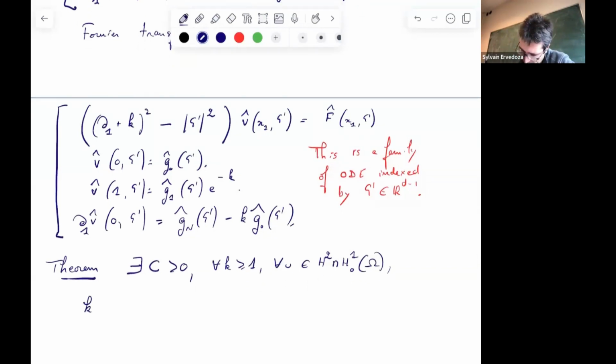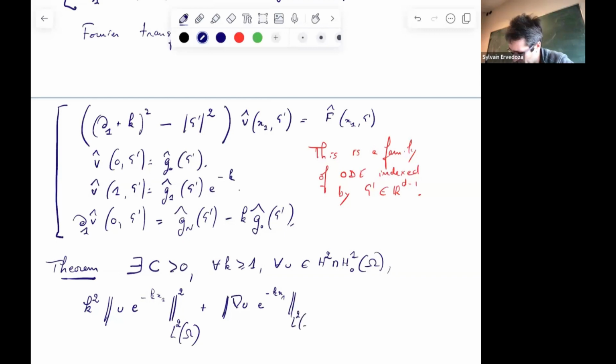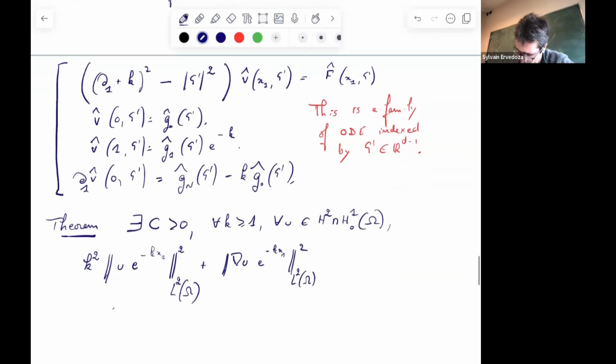we have k squared times the norm of u exponential minus kx1 in L2 of omega squared plus the gradient of u times exponential minus kx1 in L2 of omega squared is less than a constant times the Laplacian u exponential minus kx1 in L2 of omega squared plus a constant k times the norm of gn.